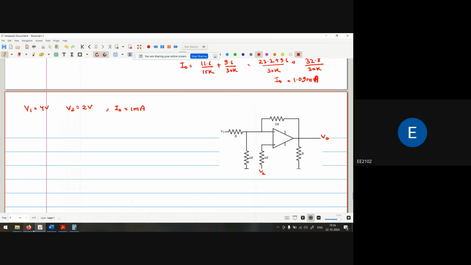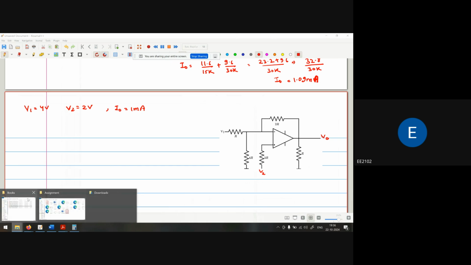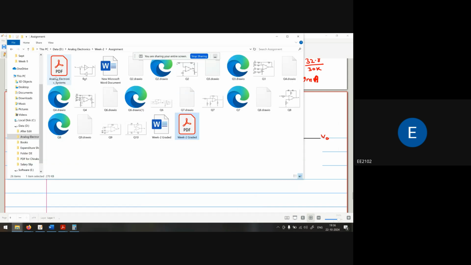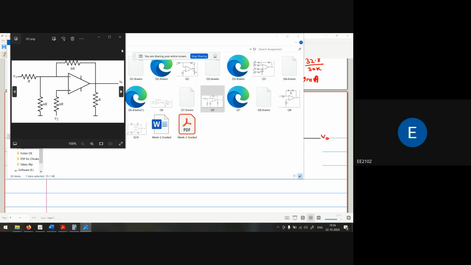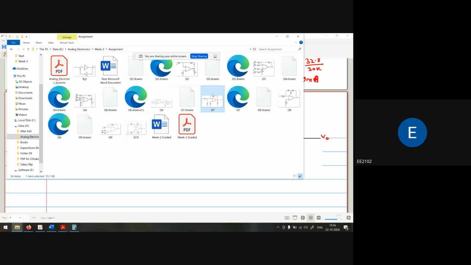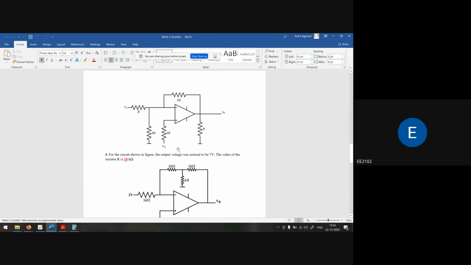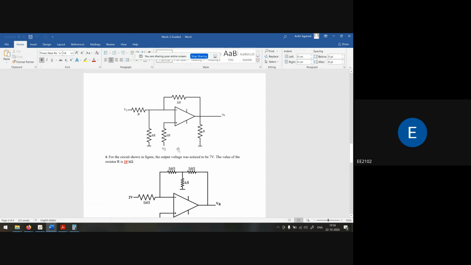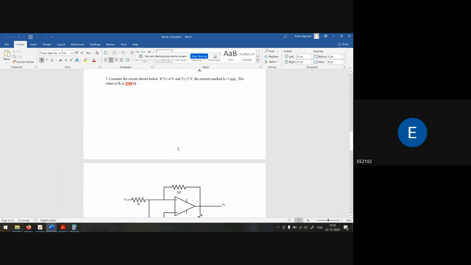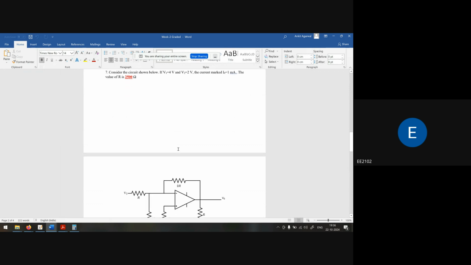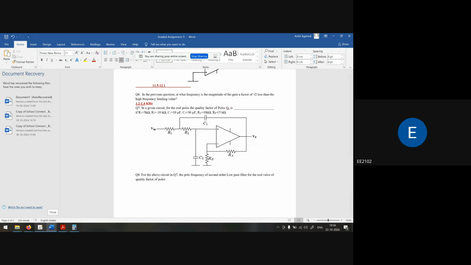After that the question will be correct. I think I changed the question. Have I changed the question on the portal or not?